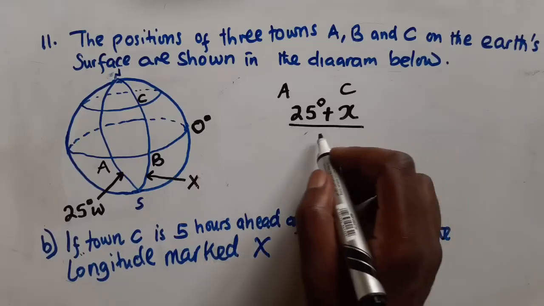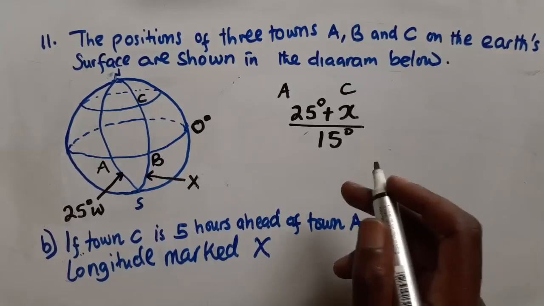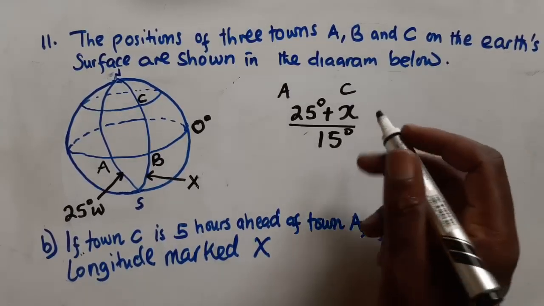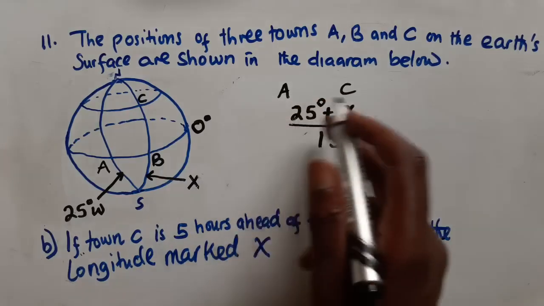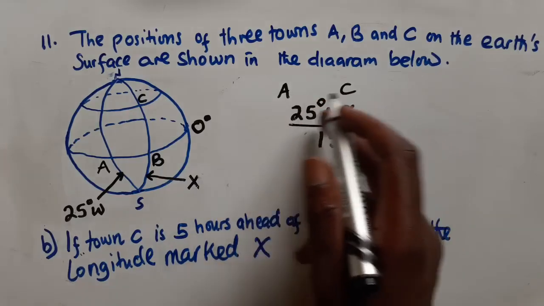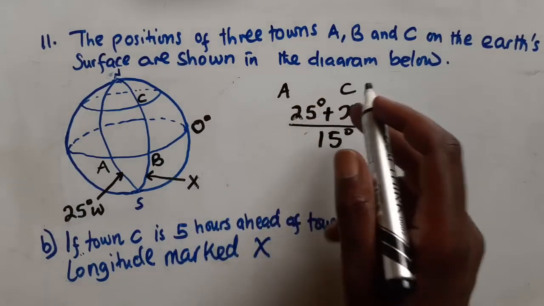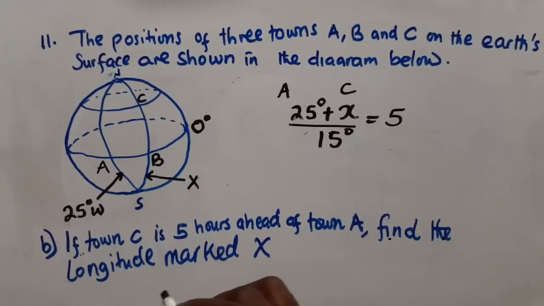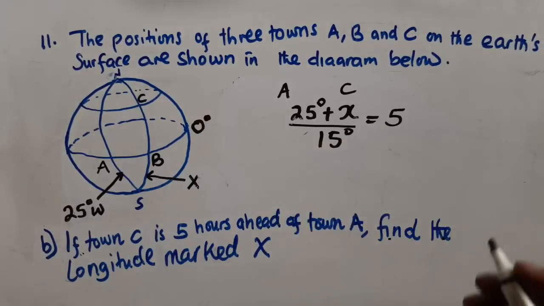Then we divide this by 15 degrees because after 15 degrees, we get 1 hour. And we are told that the degrees from these two places should give 5 hours. So now we just have to solve this as an equation.